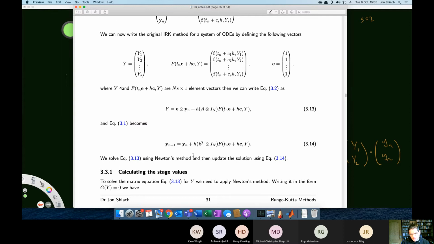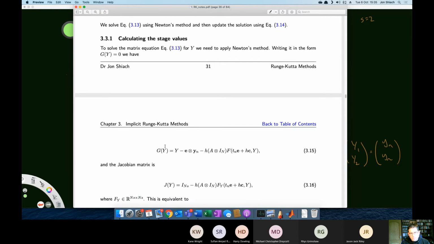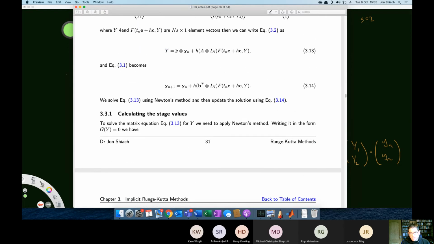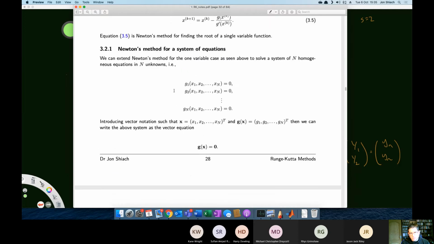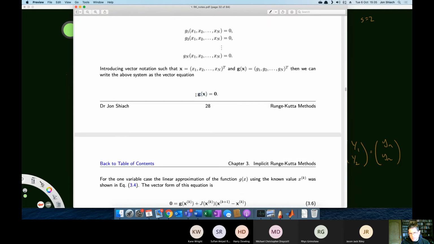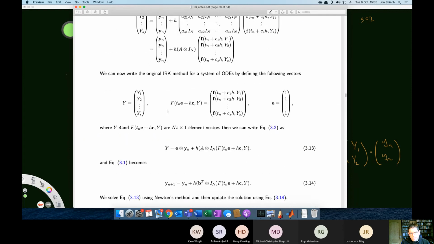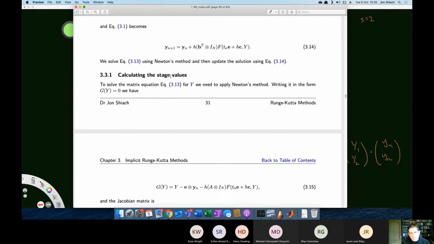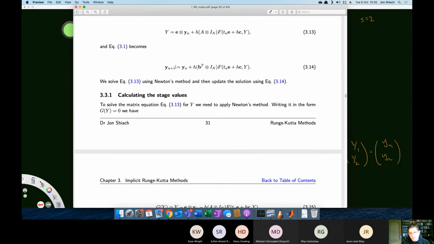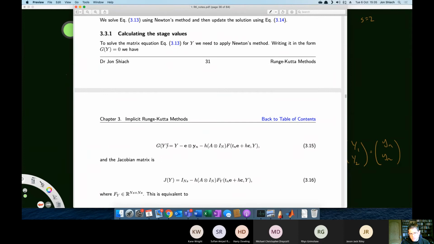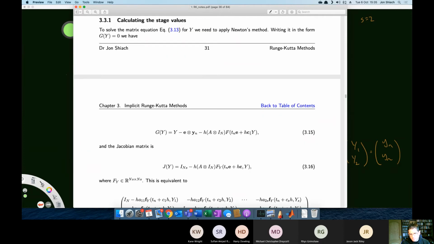Unfortunately, there's another complication. Let's have a look at trying to apply Newton's method to this. If we go back to where I spoke about Newton's method, we want some vector function g of x, and that's what we're going to solve for. So we want to find the root of that function g. If I subtract big Y from both sides, we get our function g, and we're finding the roots of this.